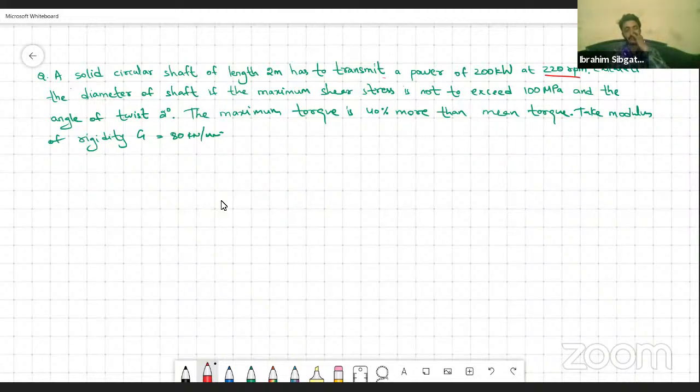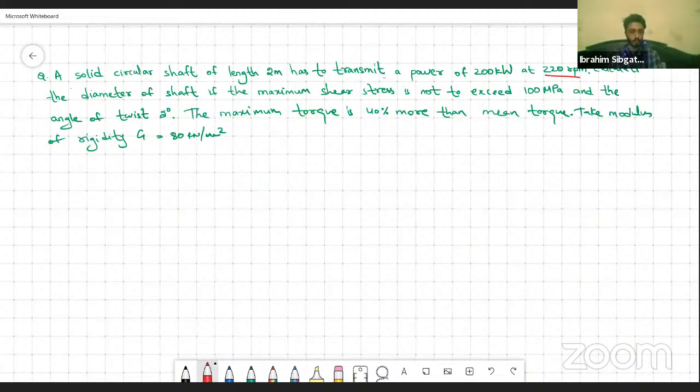It is given as 80 kilonewton per mm square, and this is not a wrong value. This is the right value of modulus of rigidity. Sometimes it will be given like this, and sometimes it will also be given as GPa. GPa stands for kilonewton per millimeter square. And how do we convert this? The conversion is very easy, and I'll show that to you very soon.